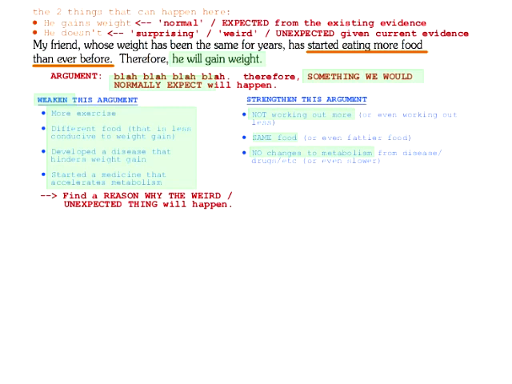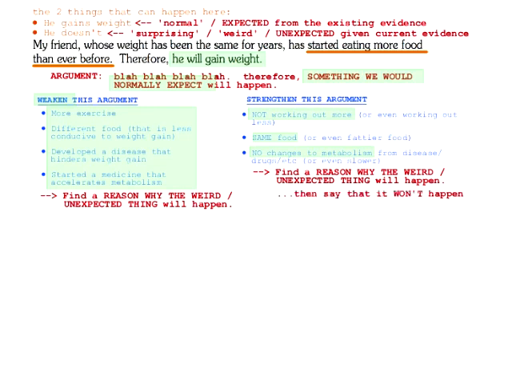You're still finding a reason why the weird or unexpected thing will happen, then just saying that it won't, or that the opposite will happen. So that's the point, right? You are thinking about the weird thing all the time.